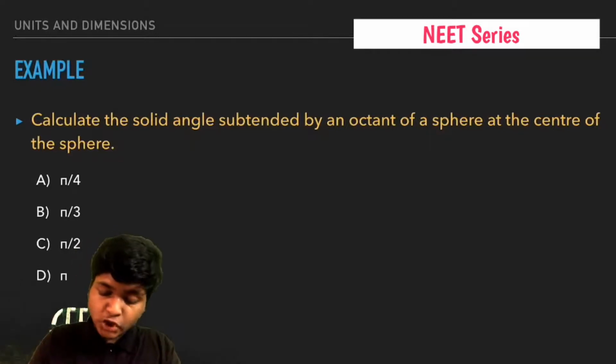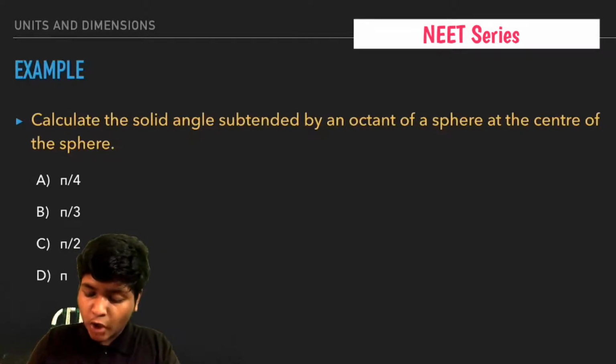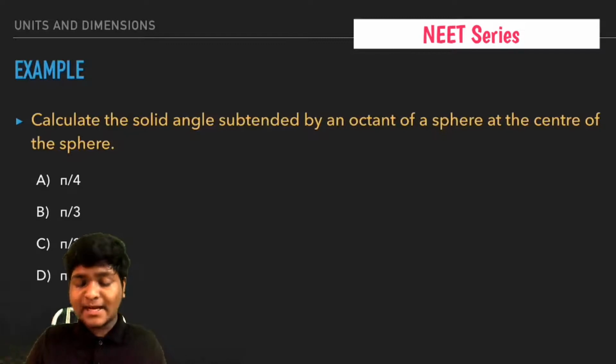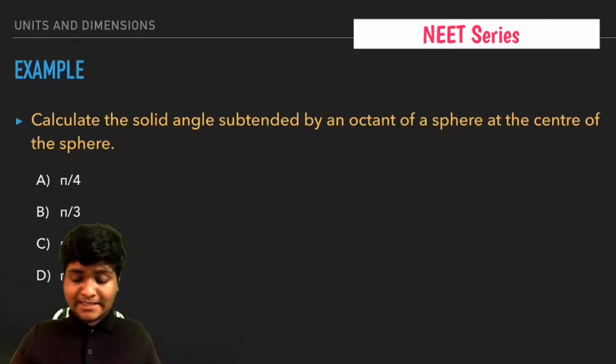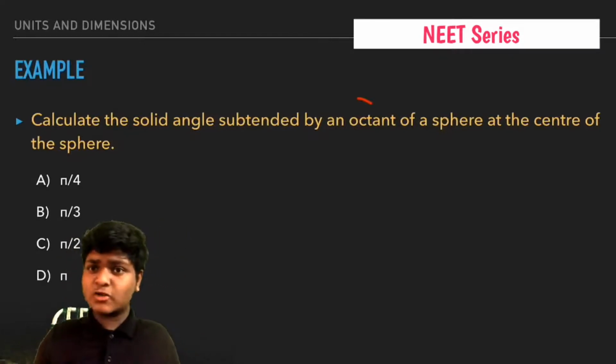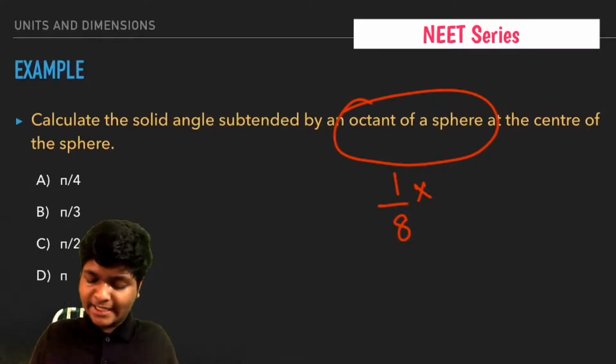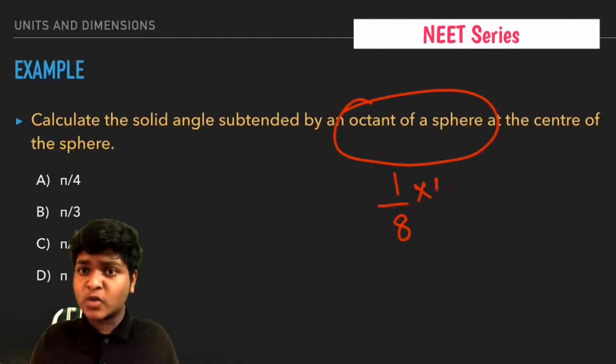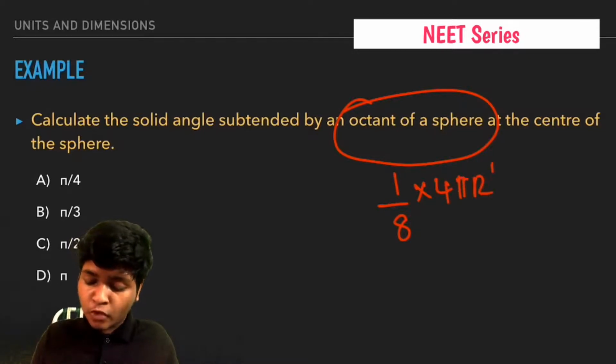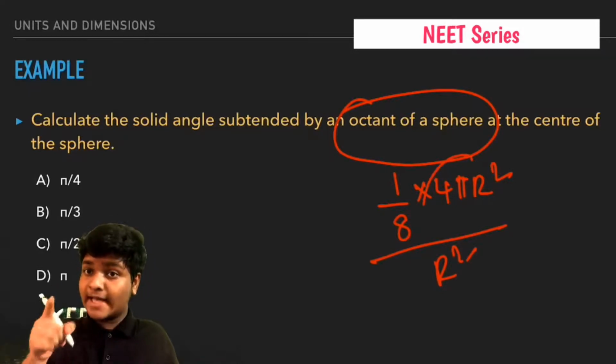So calculate the solid angle subtended by an octant of a sphere at the center of the sphere. What is this octant of a sphere? Octant of a sphere is nothing but 1 by 8 of a sphere. What is the area of a sphere? Area of a sphere is nothing but 4 pi r square, and we know the formula A by r square.